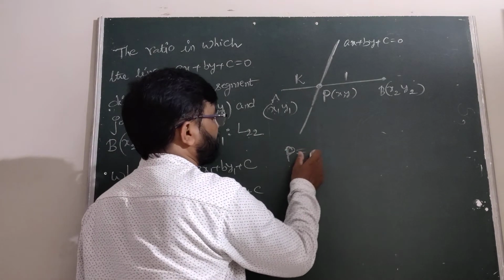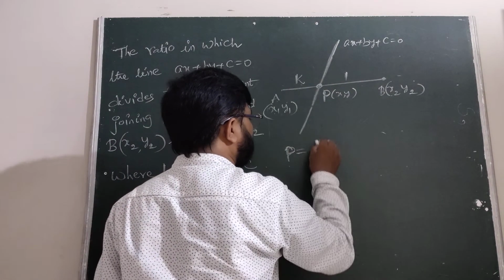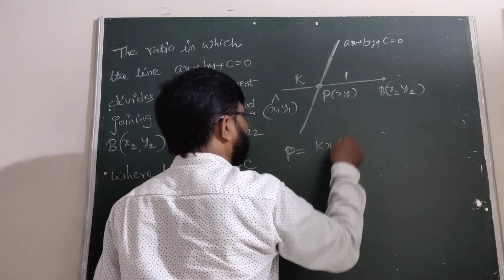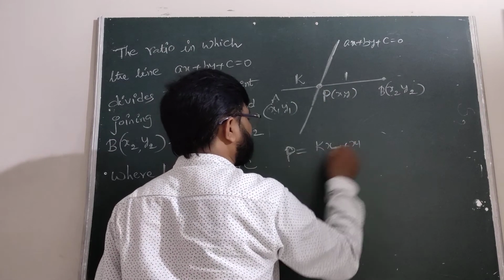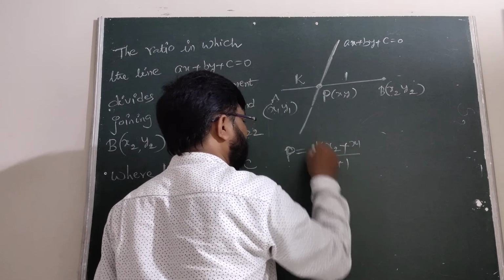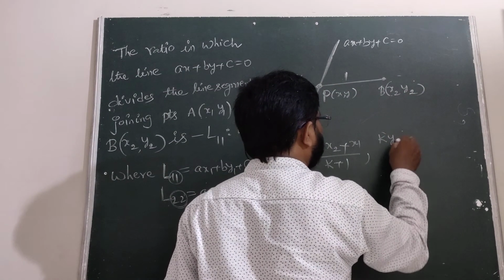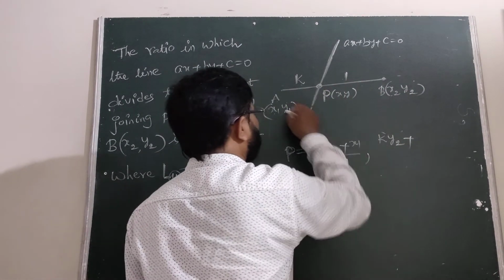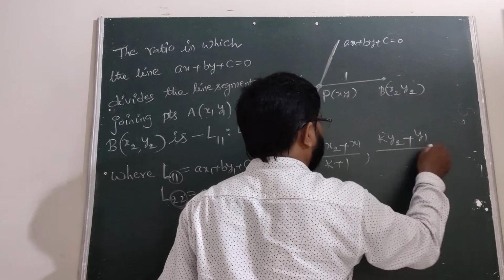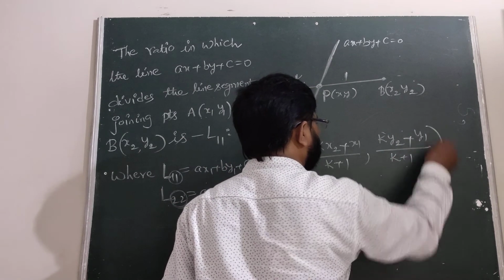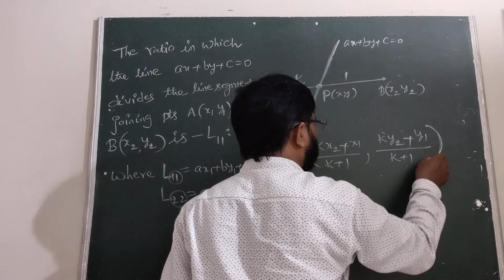Similarly, we can write this as kx2 plus 1 into x1 upon k plus 1, and ky2 plus 1 into y1 upon k plus 1.